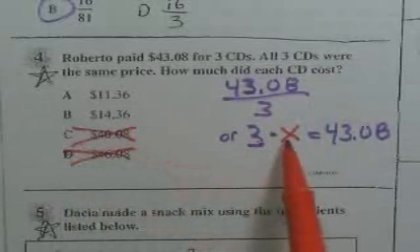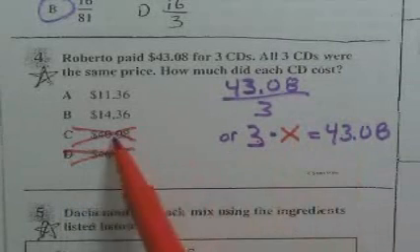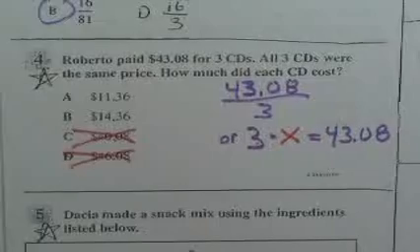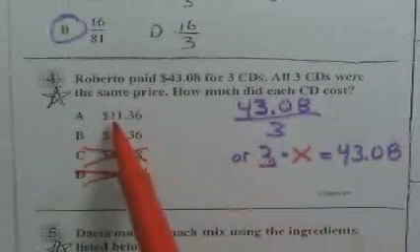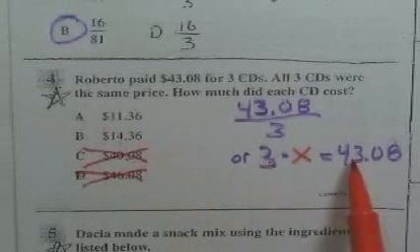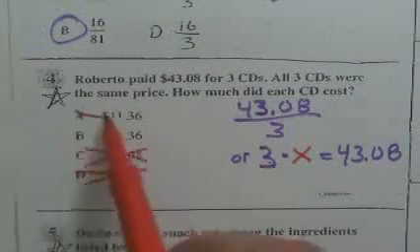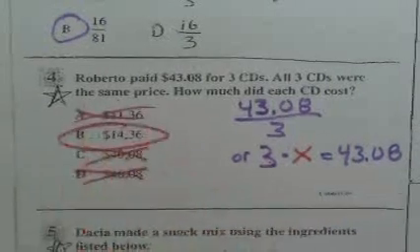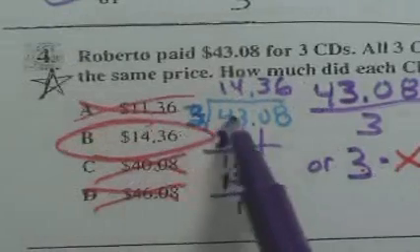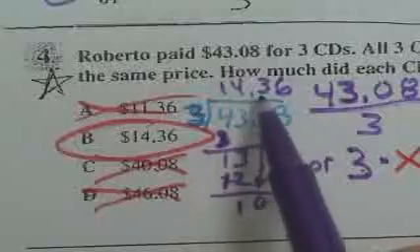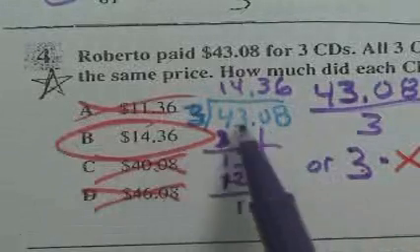There's no way 3 times 40 is 43. That doesn't work. So just looking at it, estimating it, is it 3 times 11? Would that equal 43? No. This has to be the correct answer. And if I divided 3 into 43.08, it comes out to 14.36. That is the correct answer.